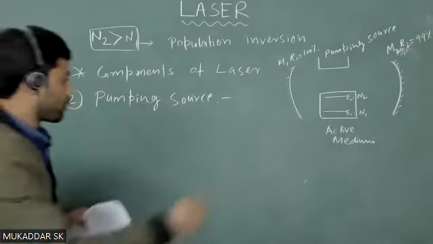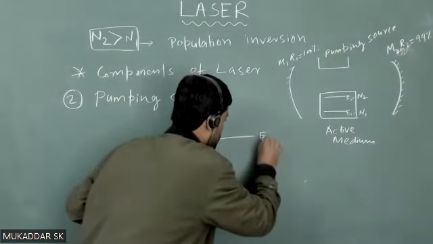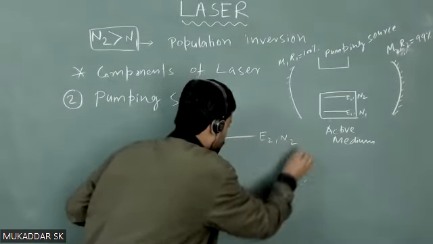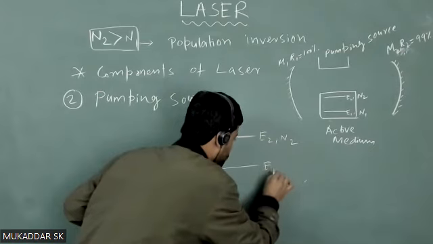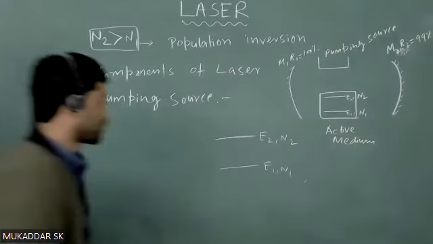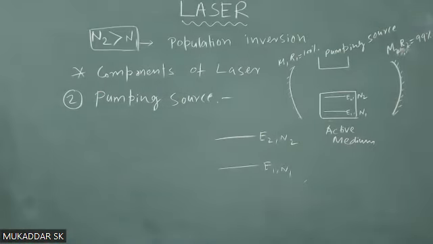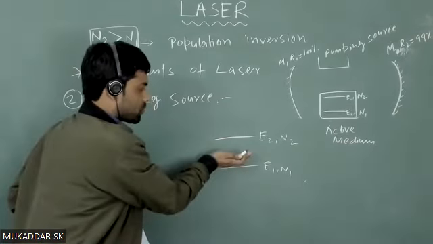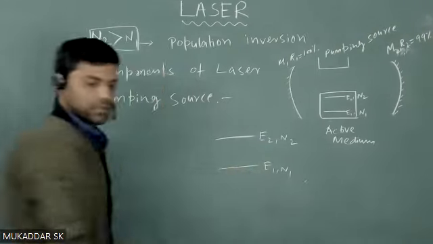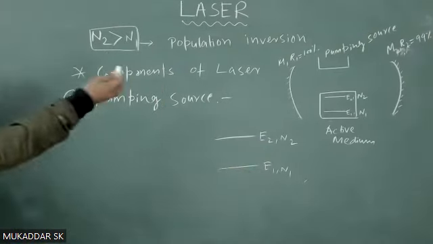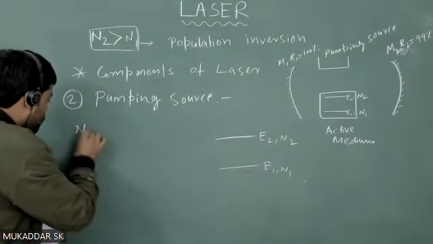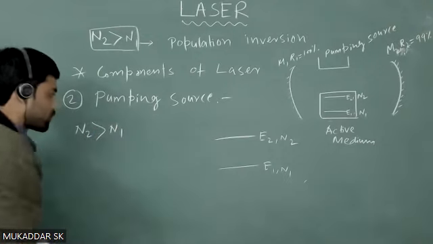So you have a system of two levels, E2 with atoms N2, and you have E1 with atoms N1. Okay, in general, atoms like to stay in the ground state. So most of the atoms will be in the ground state, right? But to produce laser light, we need N2 greater than N1.